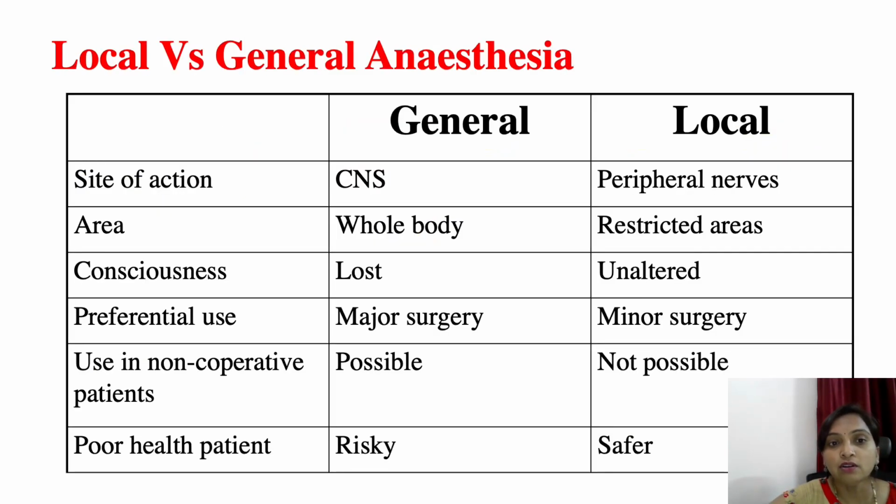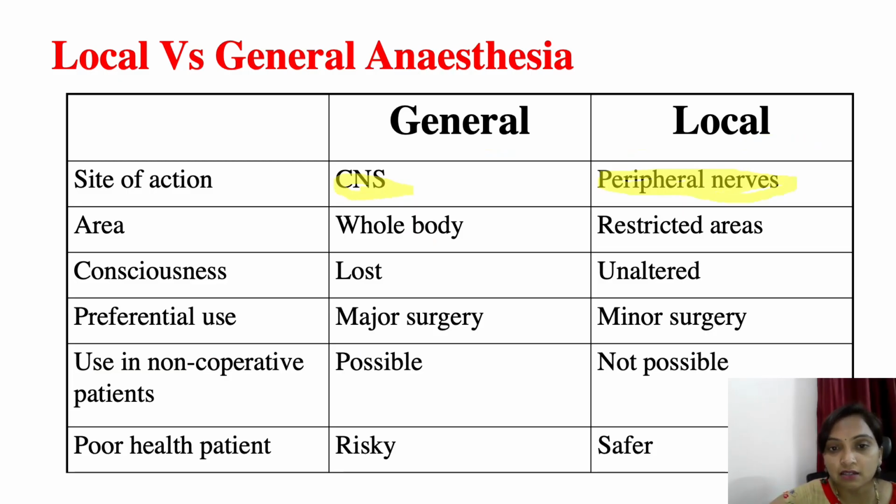So moving on to the differences between the general and local anesthetics. General anesthetics, the site of action, as we all know, is in the CNS, okay? And local anesthetics, the action is on the peripheral nerve. The loss of sensation of a particular area is mainly because it will block the peripheral nerves.